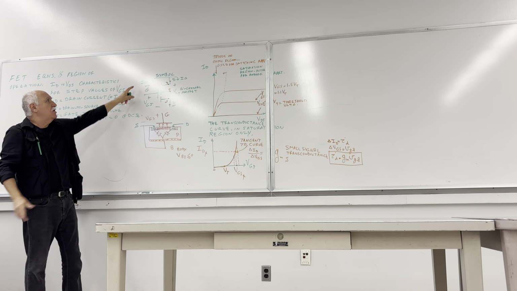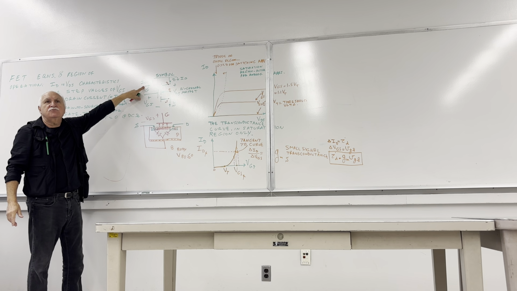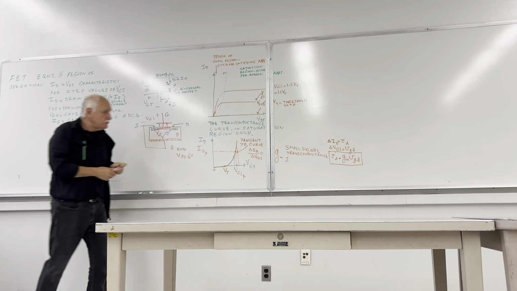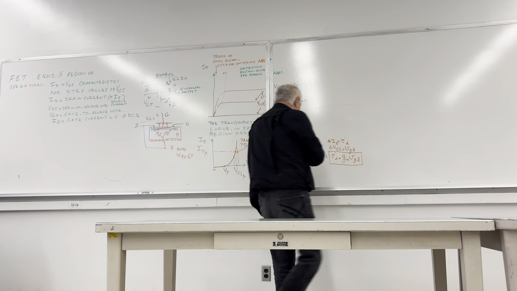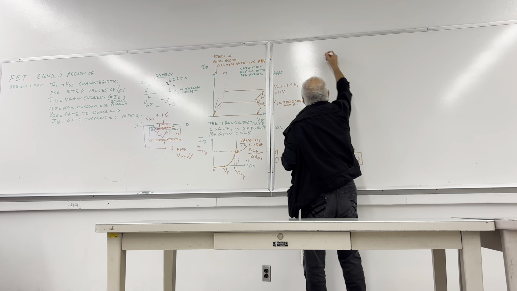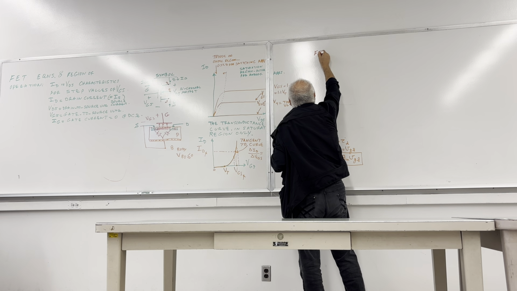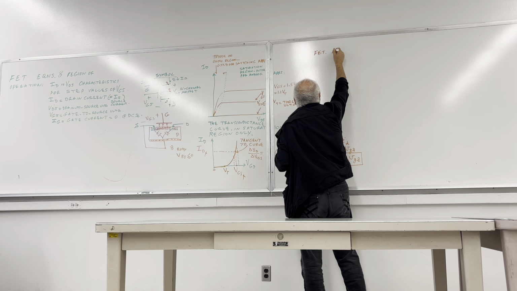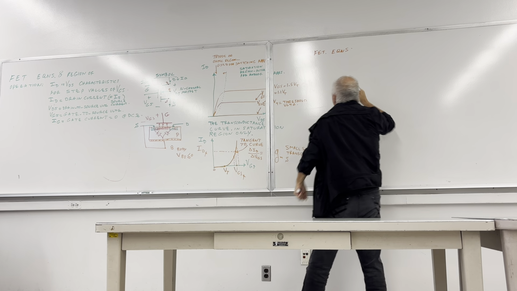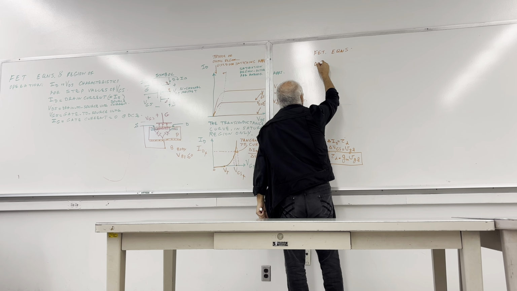So IG is condemned to be 0. No current there. Equations. So I'm going to list the equations for you. FET equations. So number 1, ohmic region.